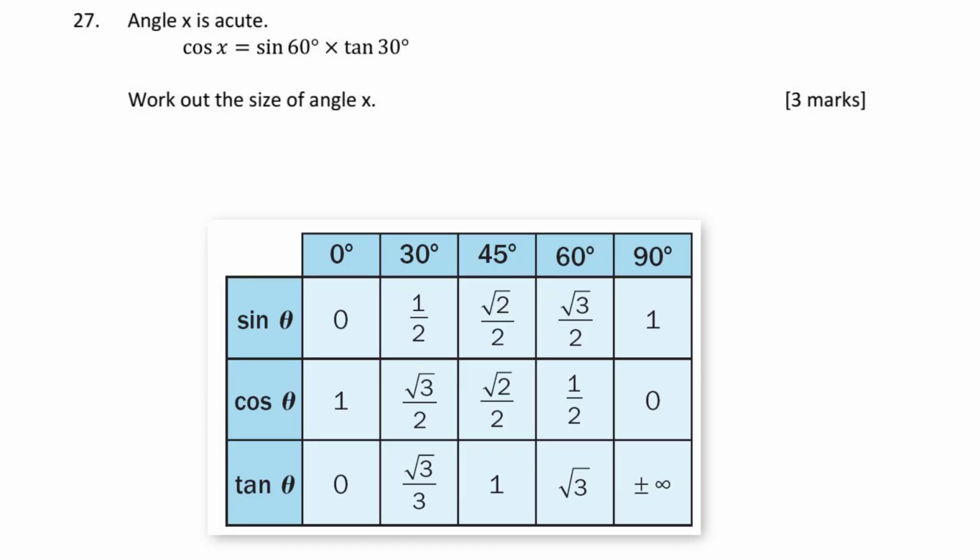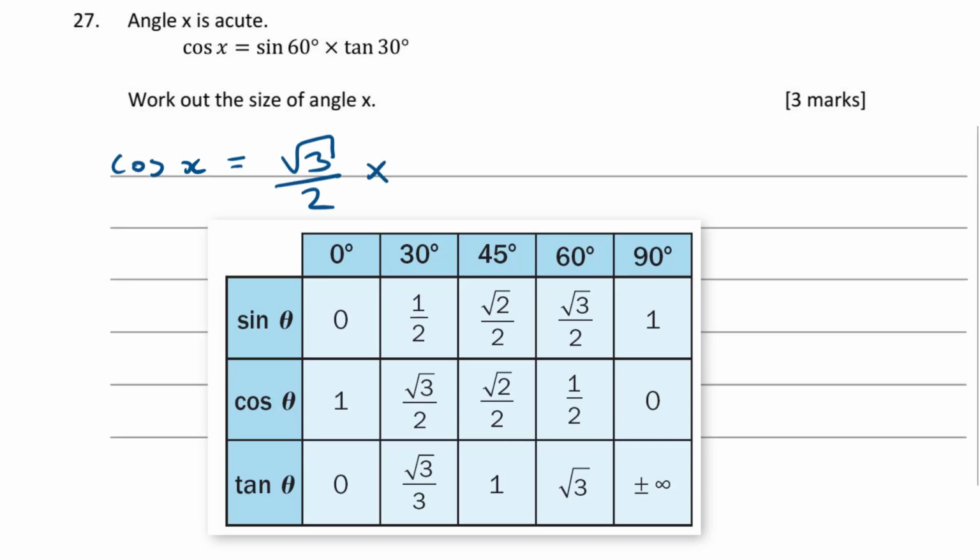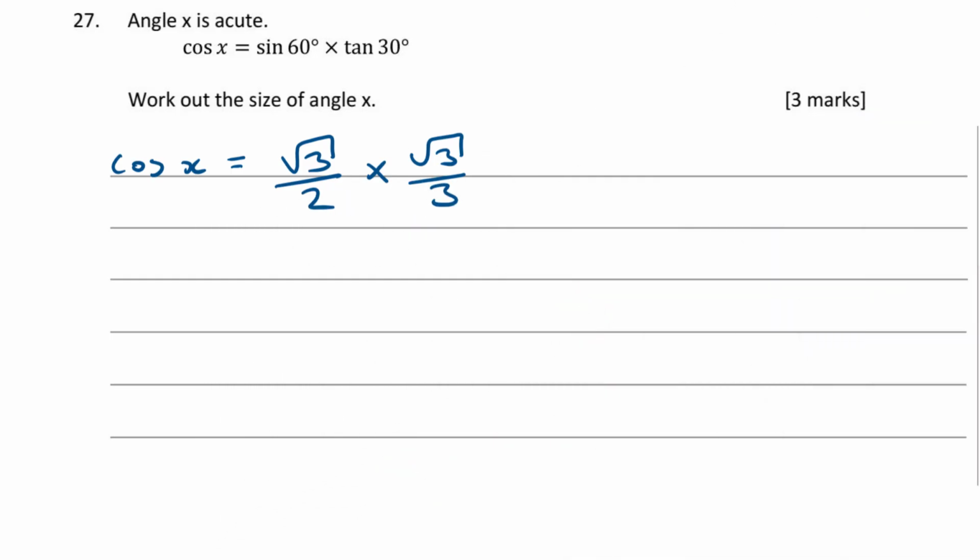So cos x equals sine 60 times tan 30. We know from our table of values that we have memorized that sine 60 is root 3 over 2, and tan 30 is root 3 over 3. So we've got two fractions multiplied together: multiply top with top, bottom with bottom.